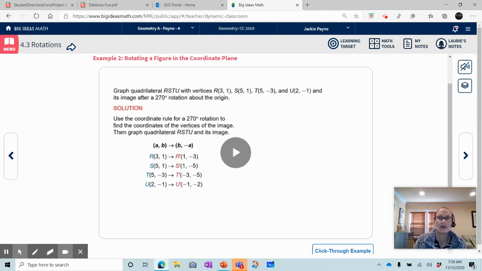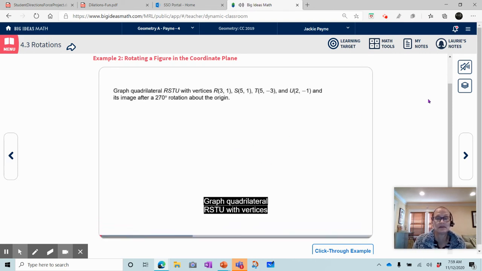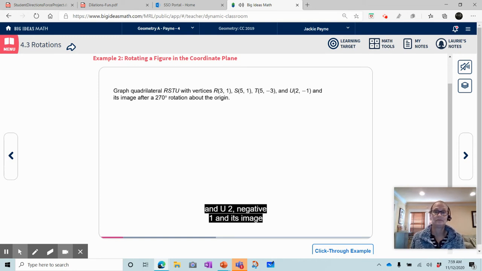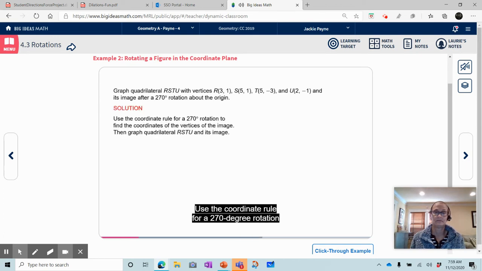So here's another example on how to exactly do it. Graph quadrilateral RSTU with vertices R(3,1), S(5,1), T(5,-3), and U(2,-1), and its image after a 270-degree rotation about the origin. Solution. Use the coordinate rule for a 270-degree rotation to find the coordinates of the vertices of the image. Then graph quadrilateral RSTU and its image.